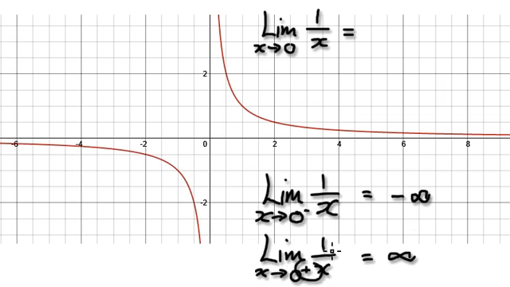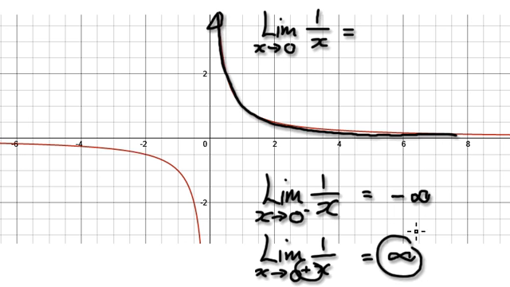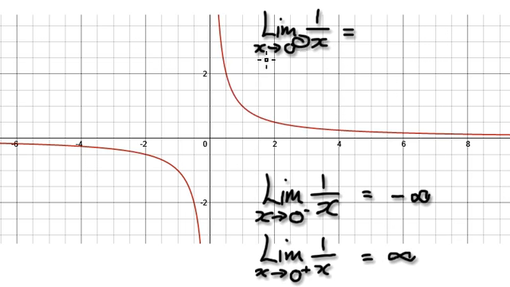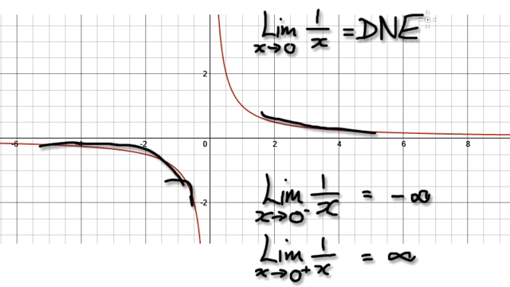In this one you're just looking at the positive side, so it is heading towards positive infinity. But this one, without a symbol, means from both directions, the left hand side and the right hand side, and here the limit does not exist.